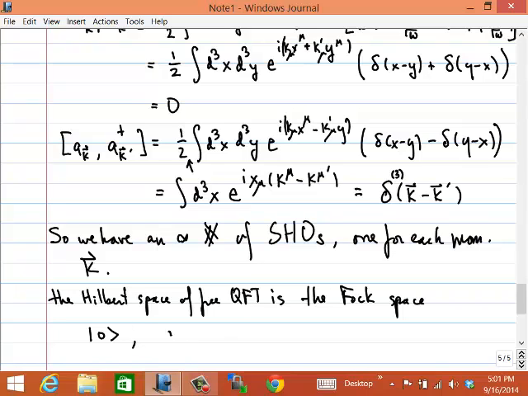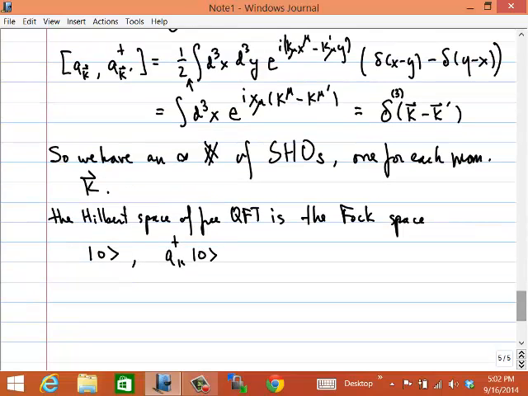Then you add to that the one particle states, where you take just a single raising operator acting on the vacuum, the two particle states, where you take two raising operators acting on the vacuum, and so on and so forth. The general state in the Hilbert space will be some linear combination of states like this.